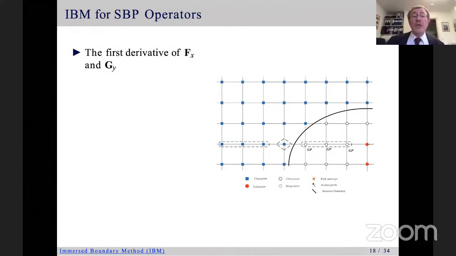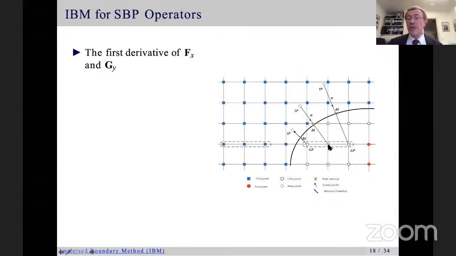So to approximate the first derivatives at a fluid point next to the boundary, we have a stencil that needs 3 points to the left and 3 points to the right. In our case, we have the 3 points to the left as fluid points, and for the 3 points to the right, we need ghost points. So we do not need only one layer of ghost points, we need 3 layers. So we get them in a similar way.